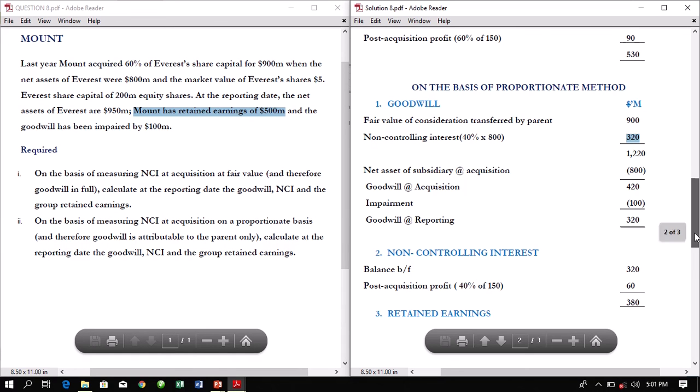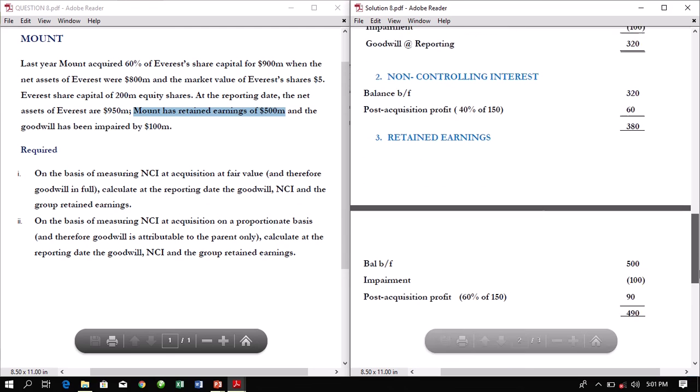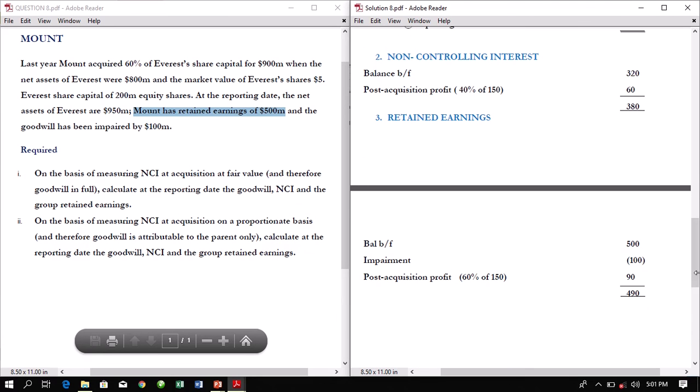And after this, we can calculate our retained earnings. And what will be our retained earnings? Balance brought forward, as given to me in this question, is 500 million. So retained earnings is 500. And now I can move on. So we said when it is proportionate method, all the impairment belongs to the parent company and as such should be treated to the parent retained earnings.